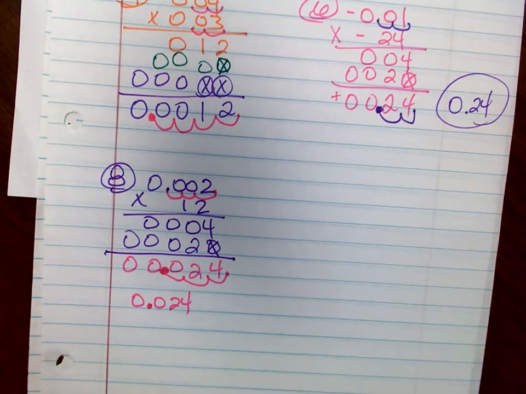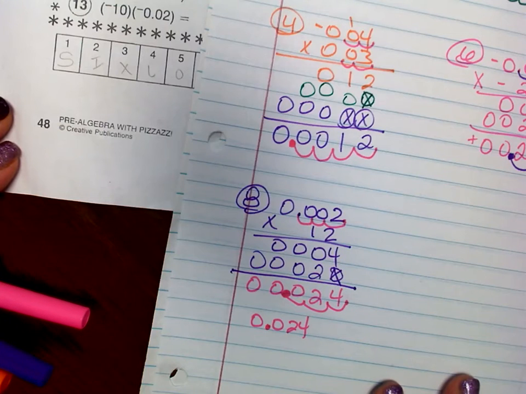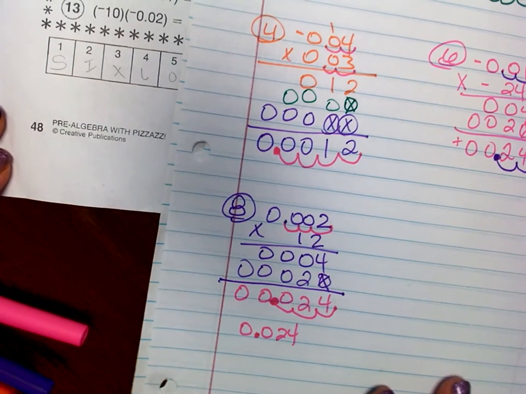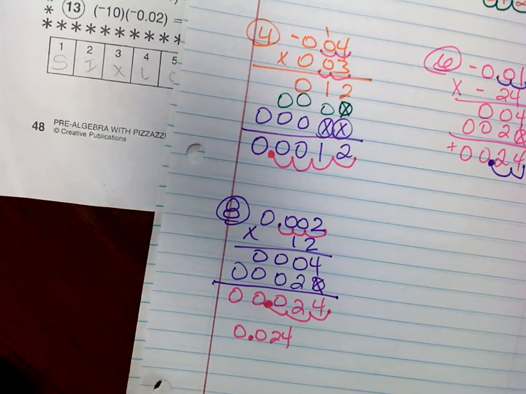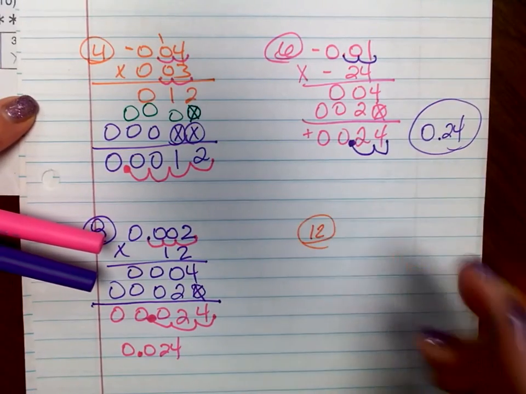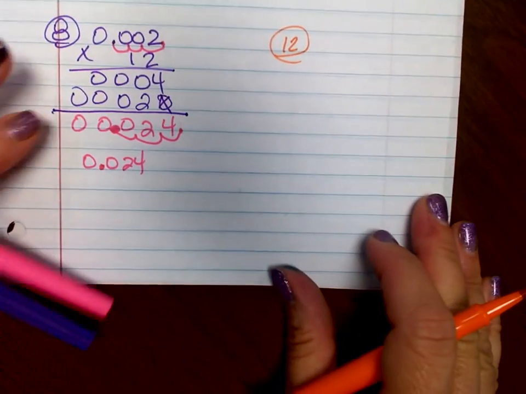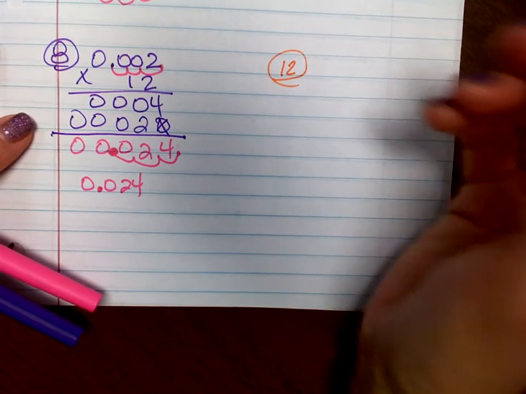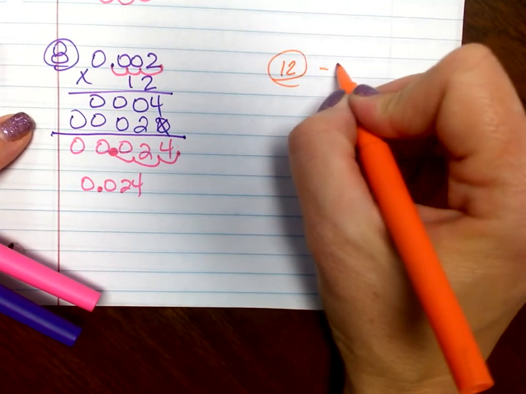Let's look at number 12. Why not? Skip to 12. I'm going to put my 200 on top.